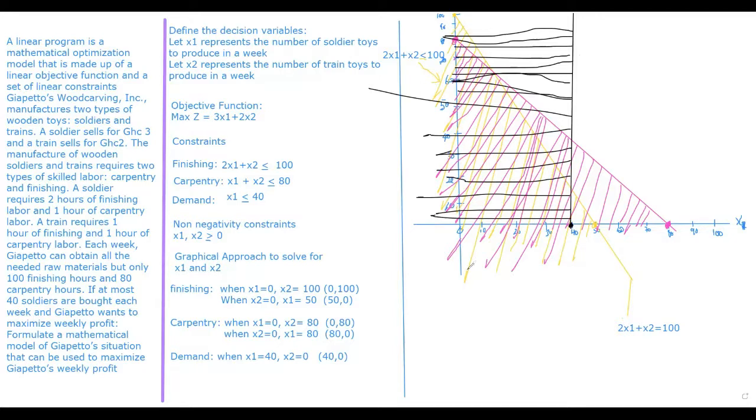So we are going to shade the feasible region. Remember I told you in the previous video that the feasible region is where we are going to find your optimal solution, because any point in the shaded region... let me shade the feasible one. So let me use green.